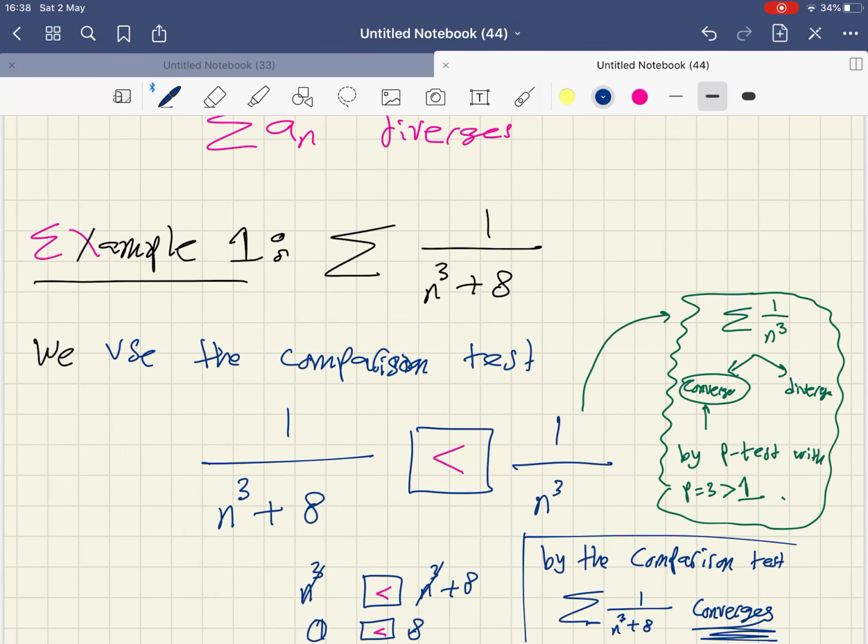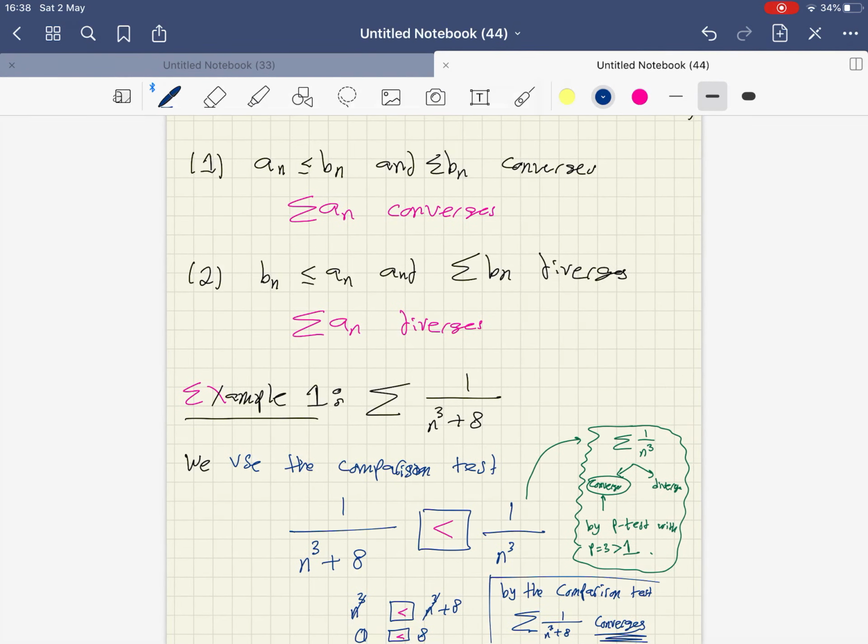Okay, that's the comparison test. We can use this test especially if we have sine and cosine. This test will be very, very useful and very, very nice. Shall we see such an example with cosine and sine?